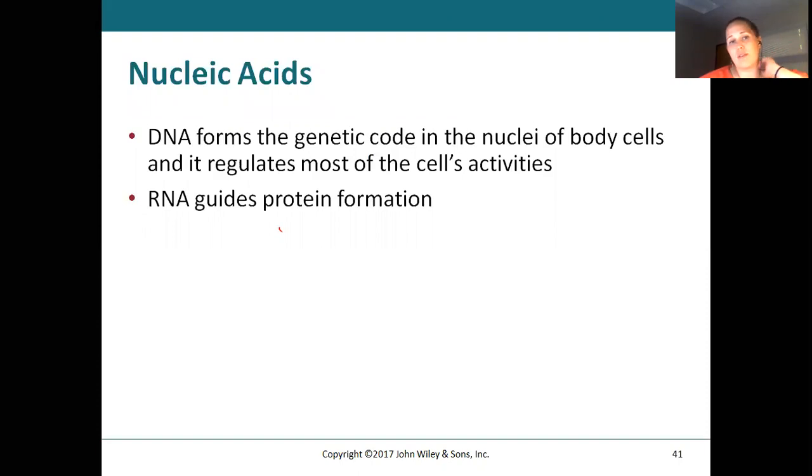So you can think of nucleic acids as being like the writing that allows the cell to take, okay, I've got this writing blueprint, how do I make this protein? I've got this writing on the wall, how do I make this protein that's going to have this enzymatic function, or how do I take this writing and make a protein that's going to actually help this enzyme make this lipid or fat?